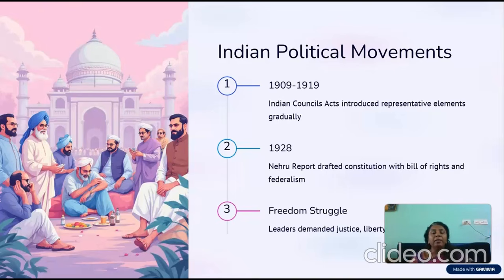Gradually, Indians were involved in the rule of the British government. Then the Nehru Report in the year 1928 drafted a constitution with a Bill of Rights and federalism. In the freedom struggle, the leaders demanded justice, liberty, equality and fraternity for the people of India.